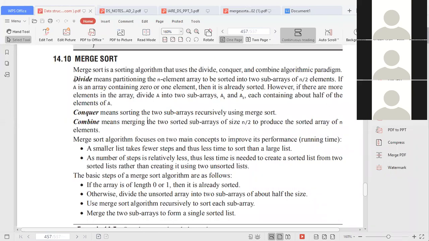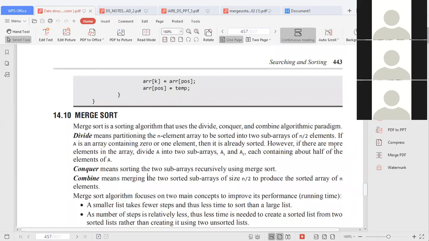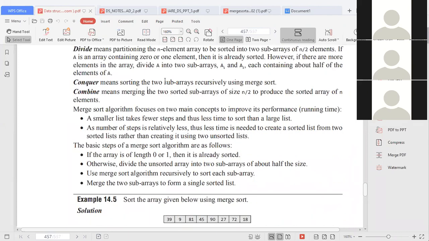So n number of elements are divided into n by 2 plus n by 2. Then conquer means sorting the two subarrays recursively using merge sort. Use merge sort to sort them, then combine.